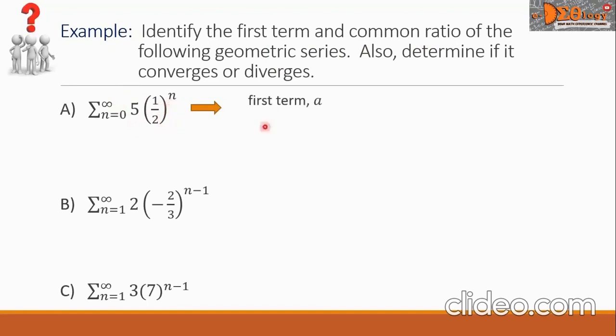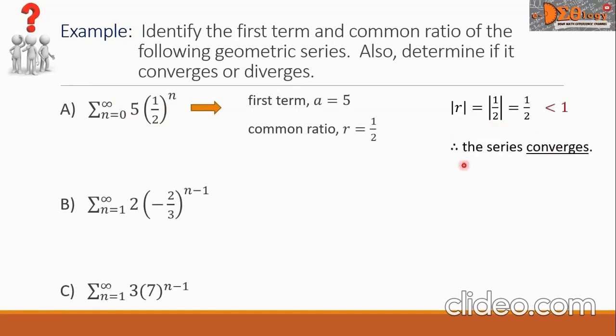Here, the first term A is equal to 5, while the common ratio R is equal to 1/2. To test for convergence or divergence, the absolute value of R is equal to the absolute value of 1/2. When we simplify, this is equal to 1/2, which is less than 1. Therefore, this series converges.